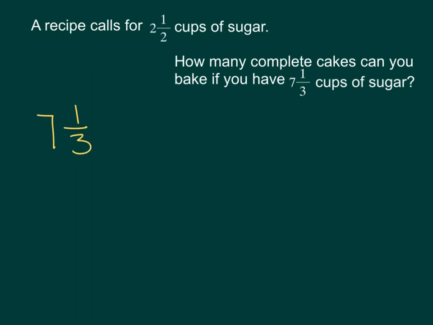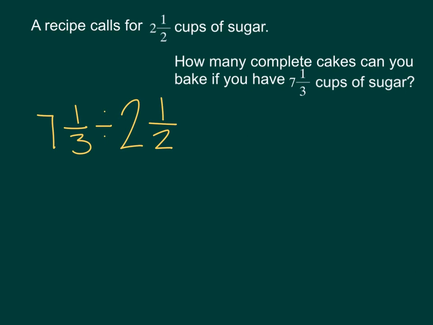Now we want to know how many times 2 1/2 will fit into 7 1/3 to figure out how many complete cakes we can bake. So our problem for this word problem is going to be 7 1/3 divided by 2 1/2. So let's go ahead and work this out together.